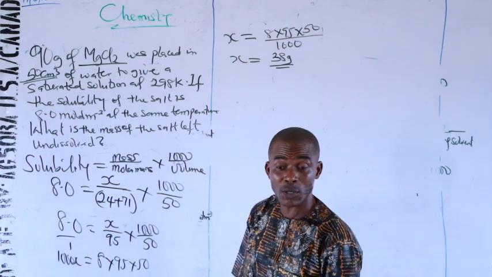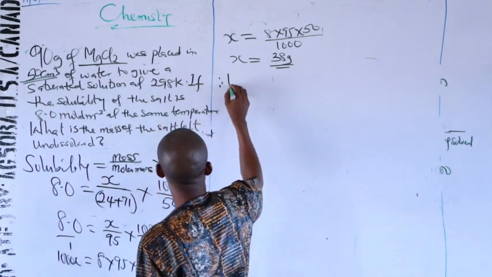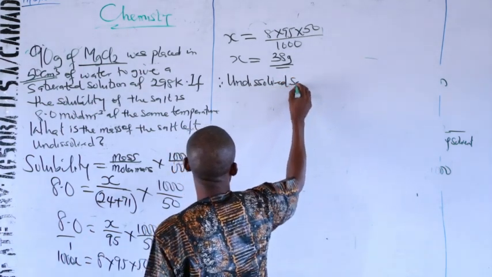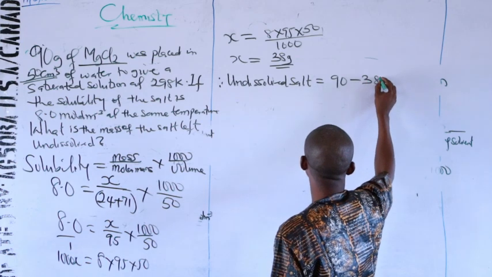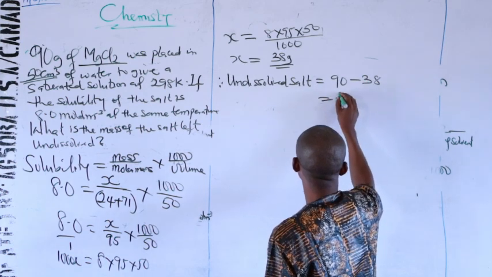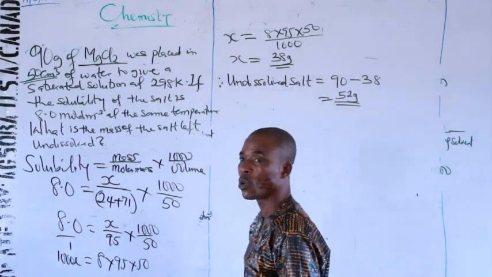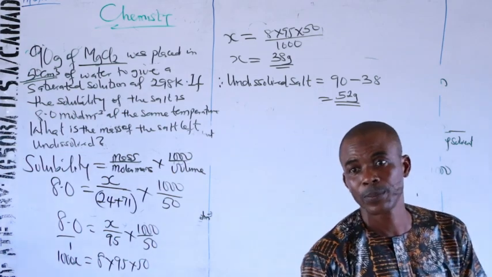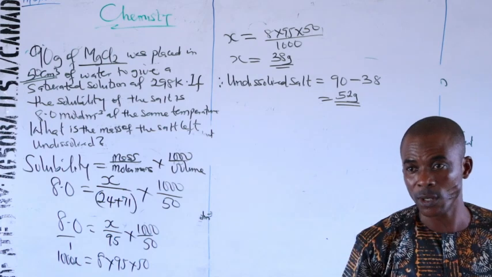Then the mass of undissolved salt is equal to 90 minus 38, and that will be 52 grams. So 52 grams of the salt will remain undissolved. Any question on that?